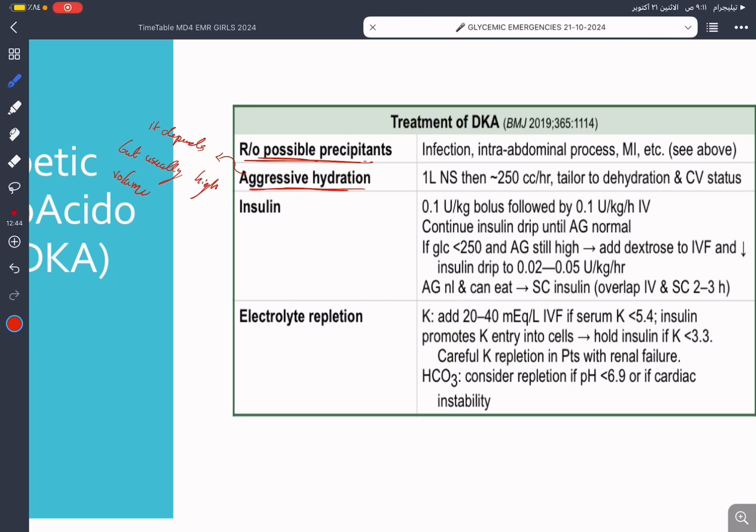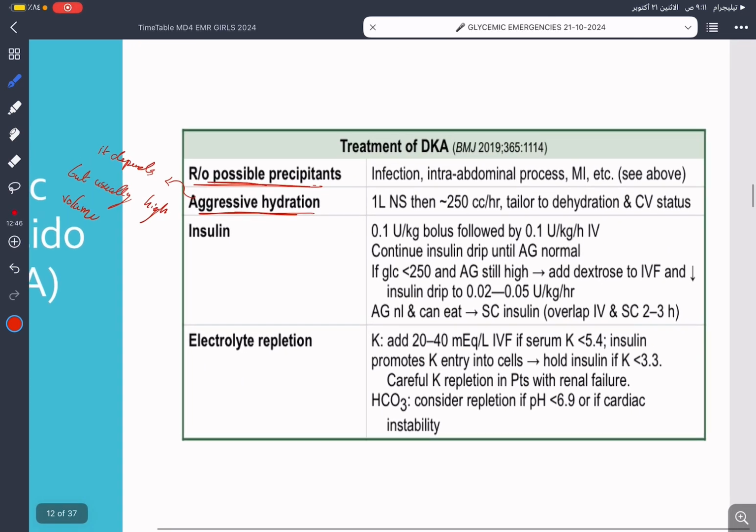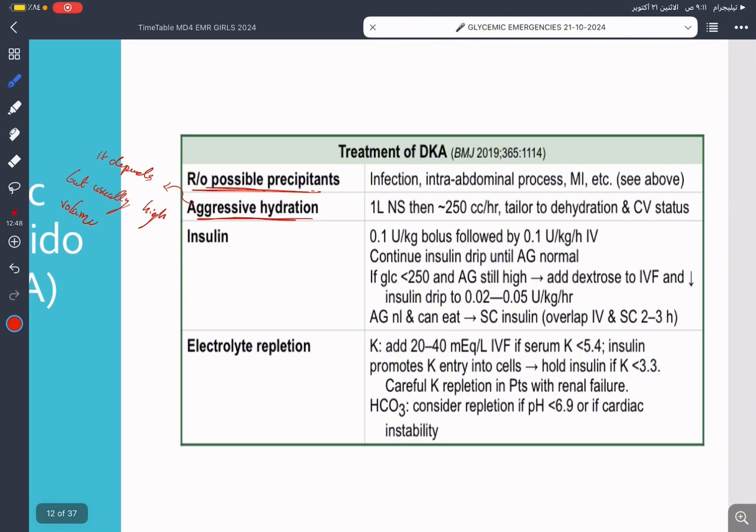So don't start the insulin infusion unless the potassium is more than 3.3. If it's less than 3.3, you should replace the potassium, then you can start the insulin infusion. If you are on an insulin infusion and the potassium drops below 3.3, you should stop and hold the insulin infusion, replace the potassium, then you can resume it. Right?